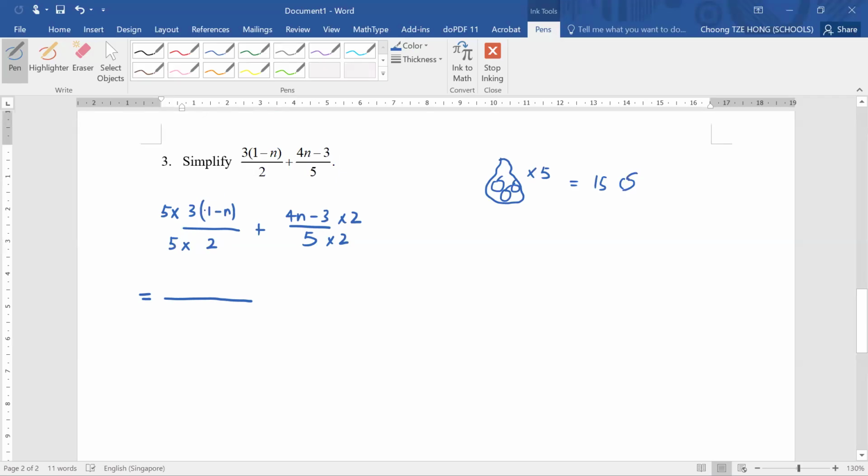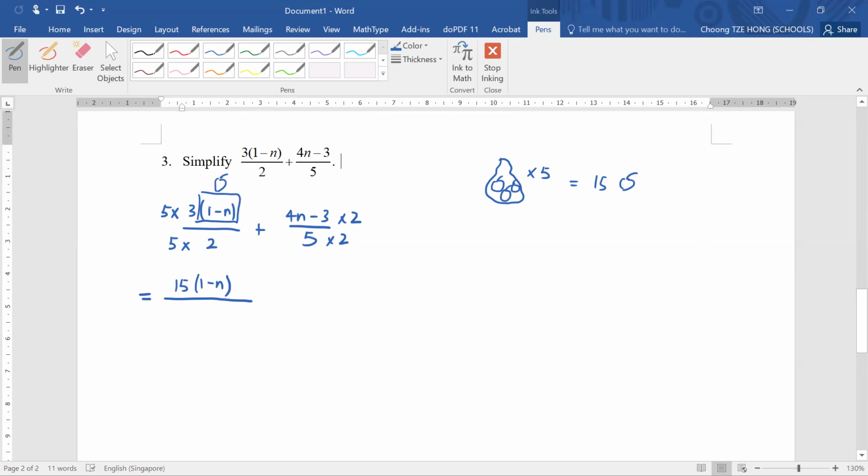So think of it this way: treat this whole thing as an apple. You have 3 apples and you buy 5 bags of it, so total you'll have 15 apples. So this 1 minus n is the apple now. You only multiply to the number outside.